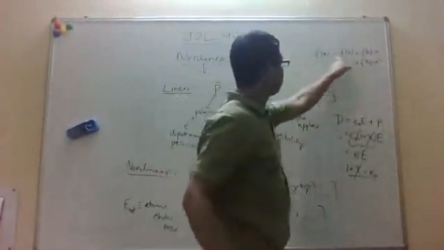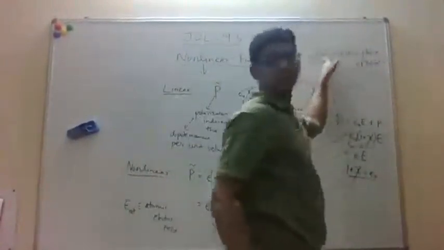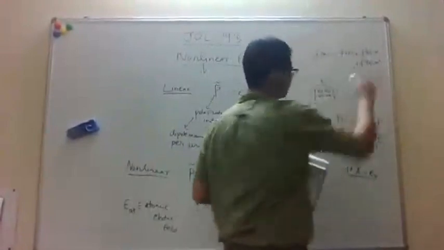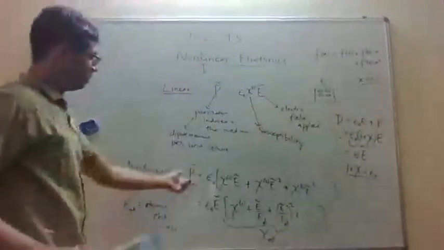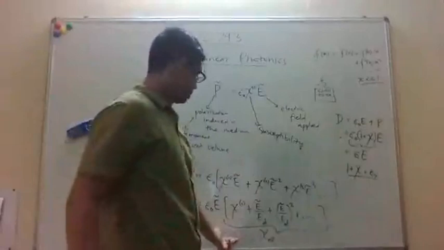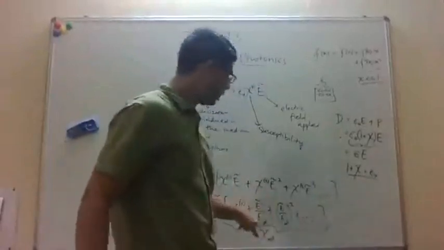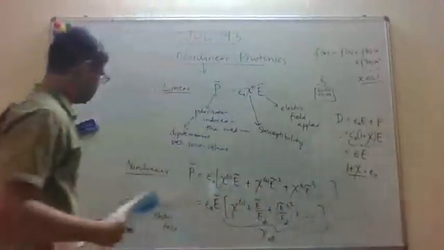I can do some Taylor expansion like that, right? Provided this argument x is small, right? So that x is small, I can do this Taylor expansion. So similar argument holds here, right? This expansion is valid as long as E over E atomic is small.